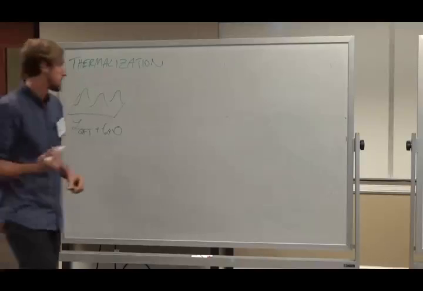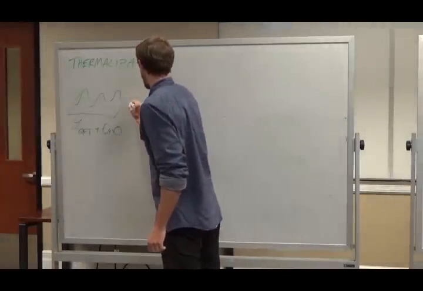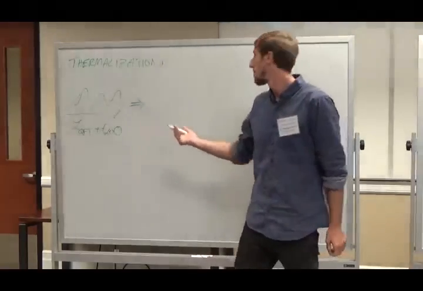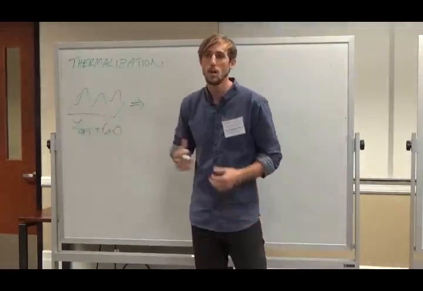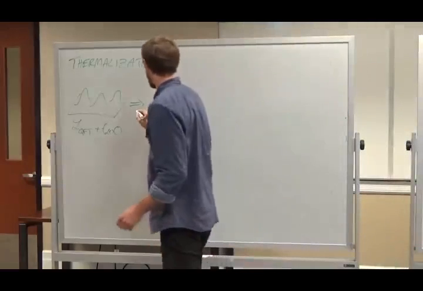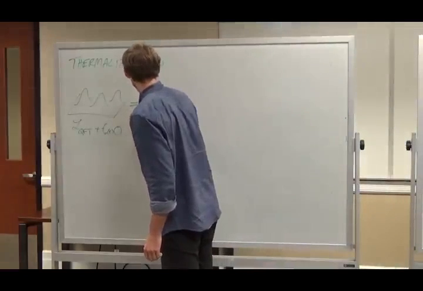This is the calculation that I want to do. Of course, in general, this is difficult. And this is where holography is really going to attempt to save the day. So the question is, once I do this, I prepare this out of equilibrium state, and I run the clock forward, where do I end up? So this arrow means wait some time.